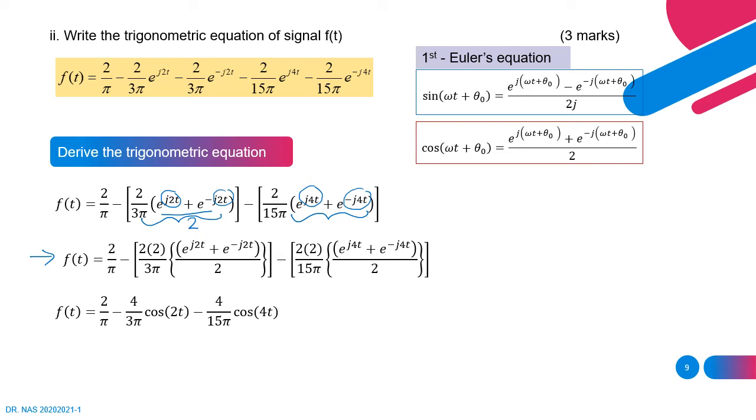But here there's no division by 2, so you introduce divided by 2, and don't forget to multiply on top with 2. Same goes to the second component. So the final answer, the trigonometric equation of signal ft, equal to this.